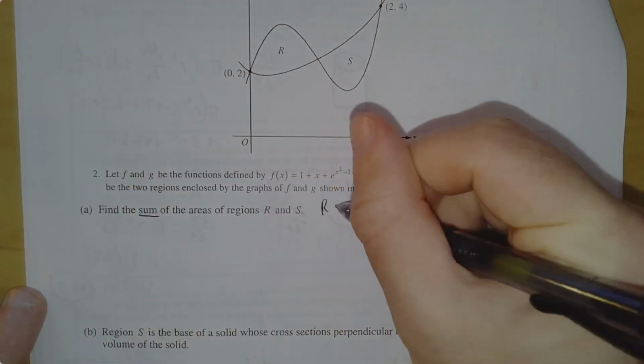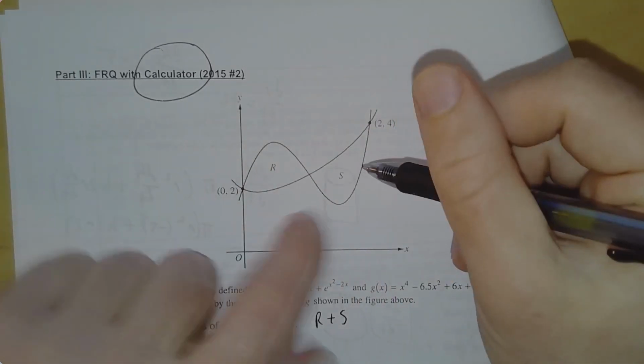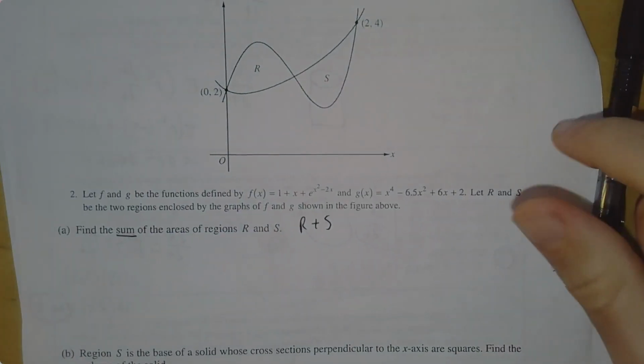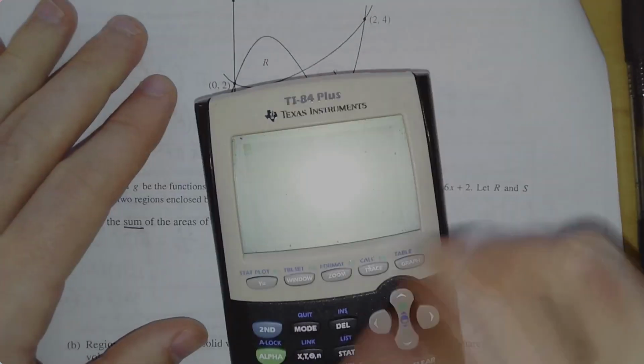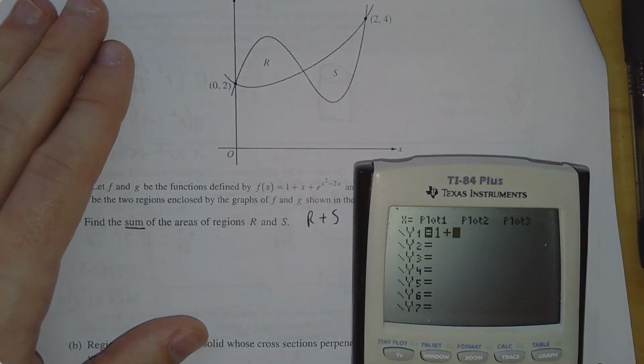So we just need to find R plus S. We're going to need to find the area of this and the area of this, and to do that, we're going to need the calculator. So on the calculator we go. Let's go ahead and put it in. So we're going to get 1 plus x plus e to the x squared minus 2x.